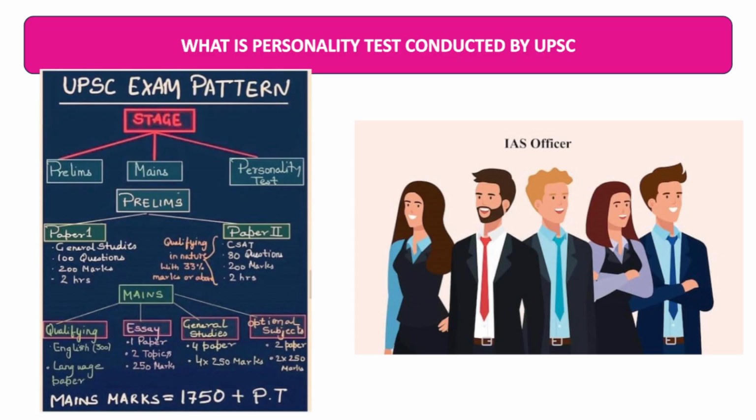I hope you all know that UPSC has 3 stages: prelims, mains and the personality test. In prelims we have 2 papers, general studies paper 1 and paper 2. In mains we have 1 essay paper, 2 language papers, 4 general studies papers and 2 optionals.